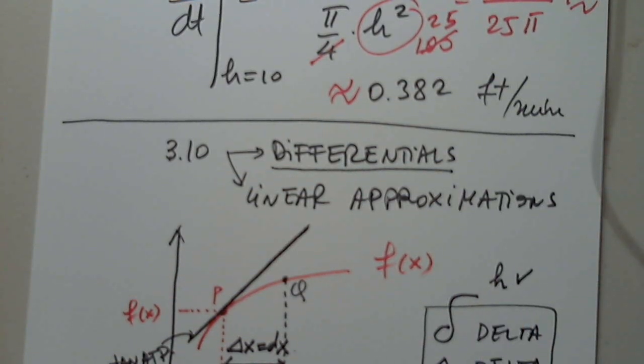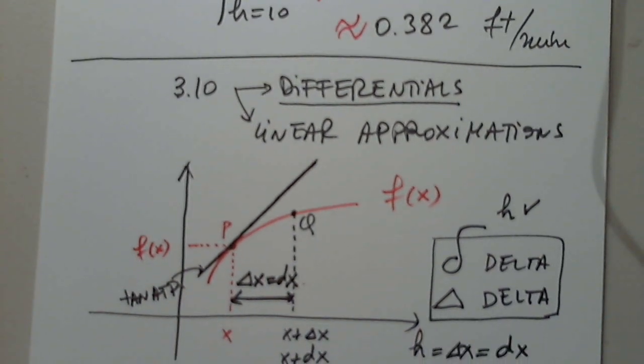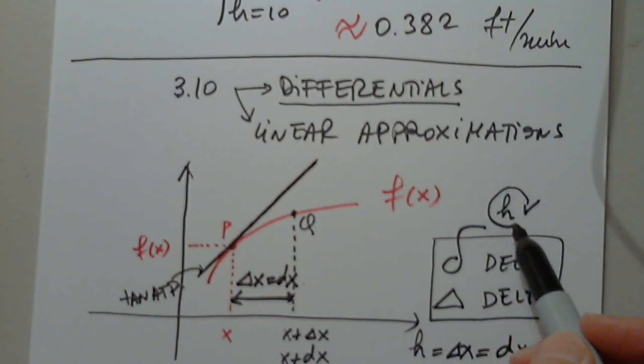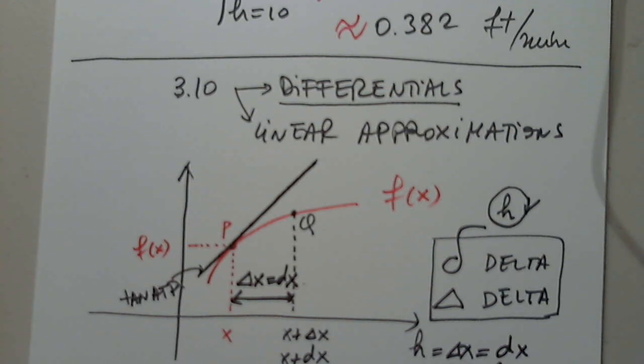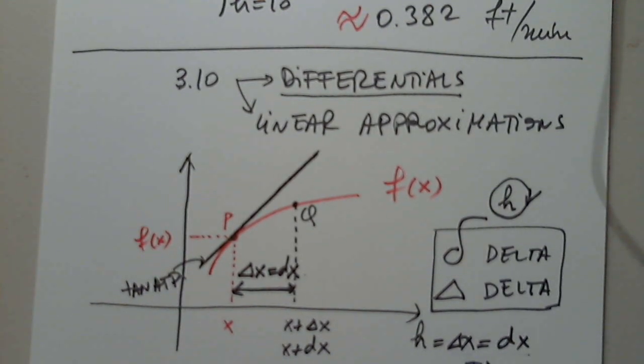So h, delta x, dx, tiny, small. Okay, they're all equal. But we're not going to use h this time. We're going to use delta x and dx. So delta x, exact change, or error if you want. Sometimes it would be an error, but it's a change in x.